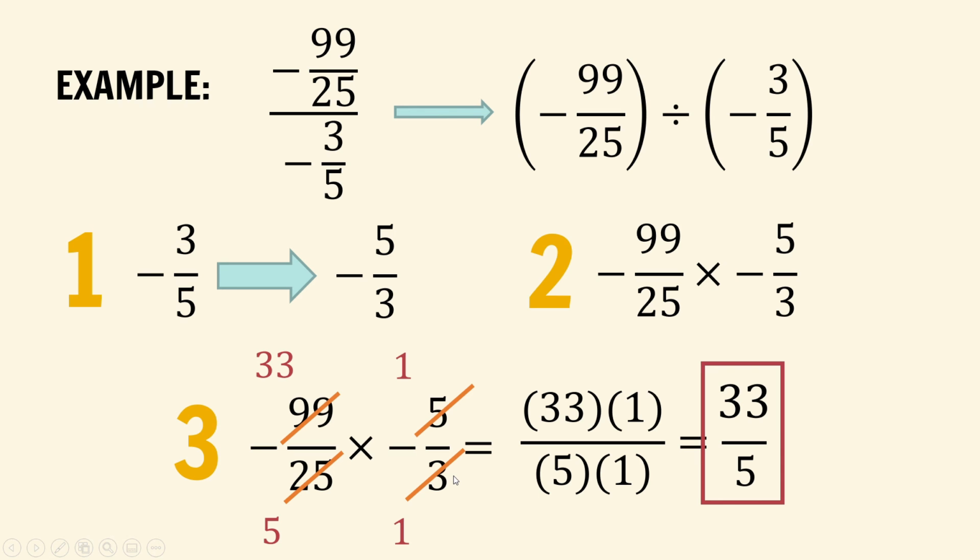So for instance, negative times negative, both are like signs. So therefore, the answer becomes positive. Just to clarify your misconception with that. Also, don't be confused on the uses of the signs as long as you know the rules for it.